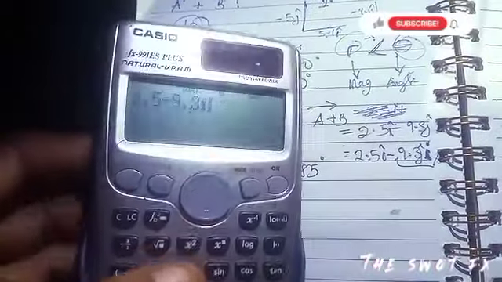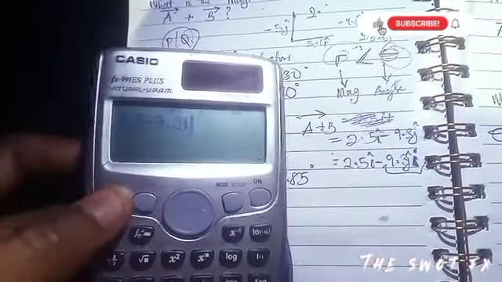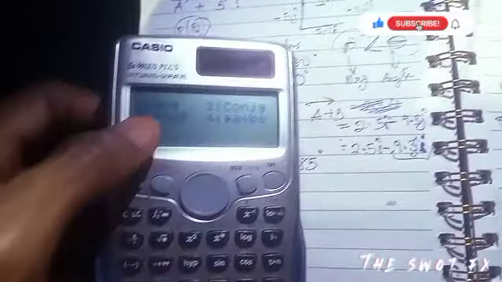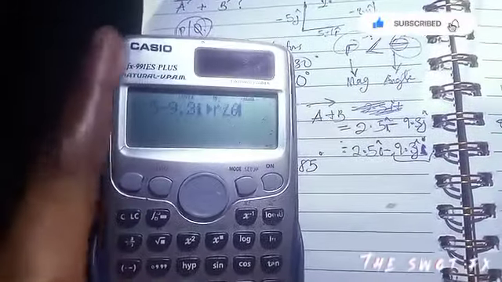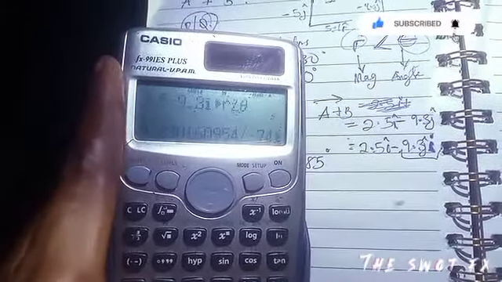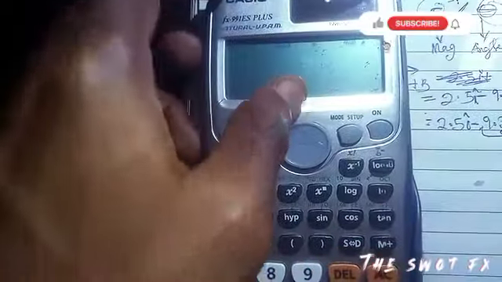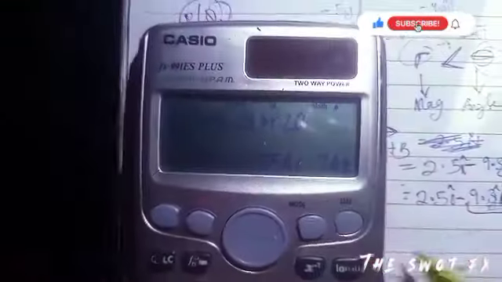Now for r theta, you press shift 2, then this is what we are looking for, 3. So here we have our answer to be 9.63.